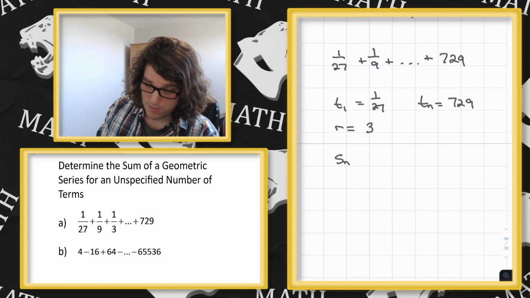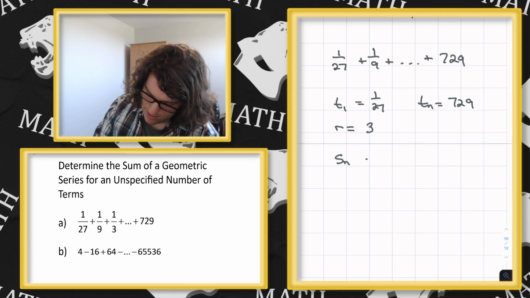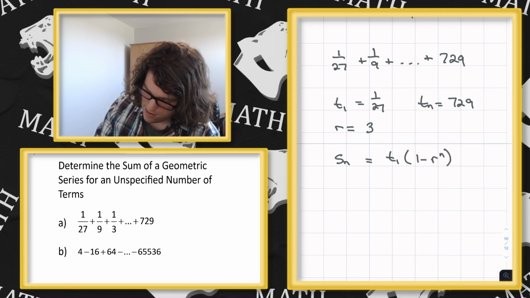It says to determine the sum, so I'm just going to say, well, what would Sn be? So Sn is equal to T1 times (1 minus r to the n) over 1 minus r.